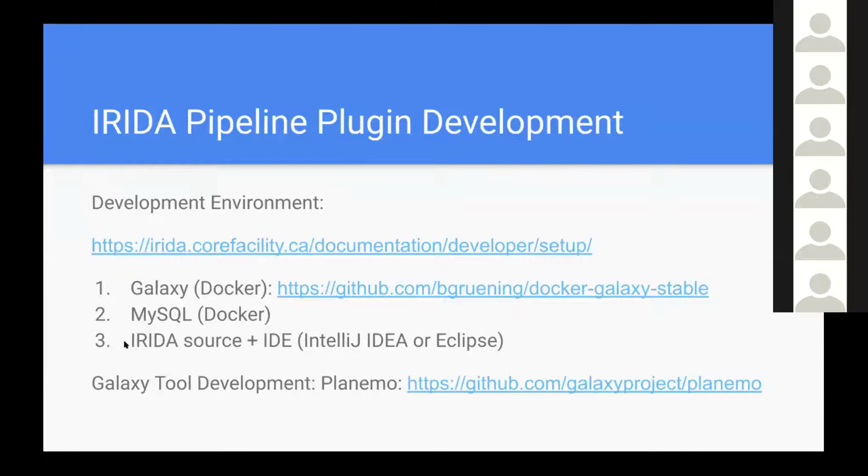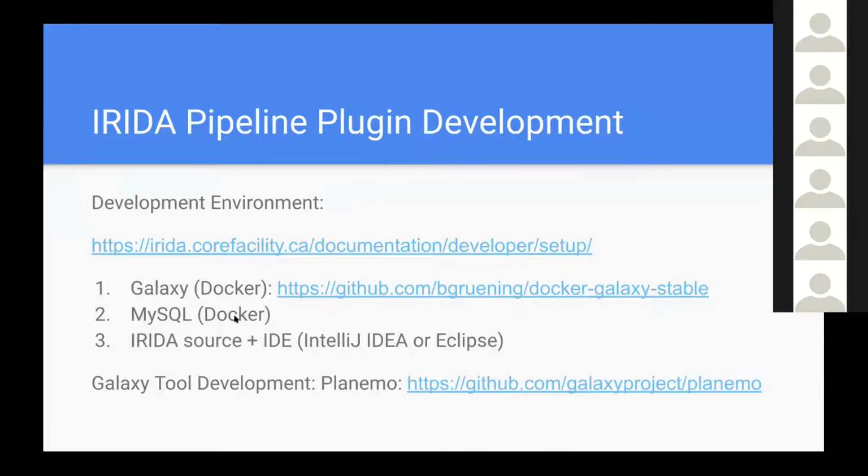The third component is you need the irida source code and an IDE. IDE is Integrated Development Environment. The most popular Java IDEs out there are IntelliJ IDEA and Eclipse, and either would be good for that.